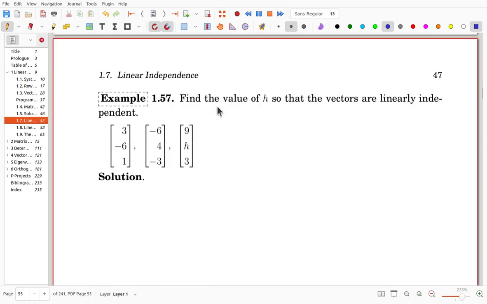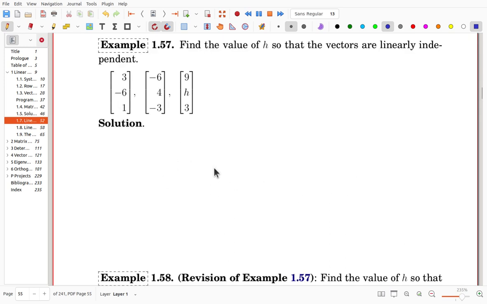Okay, here, find the value of h so that the vectors are linearly independent. So we collect them as a matrix. Now you can easily imagine the matrix, just 3 columns, and from the imagined matrix, to get the echelon form, maybe we can move this one on the top.